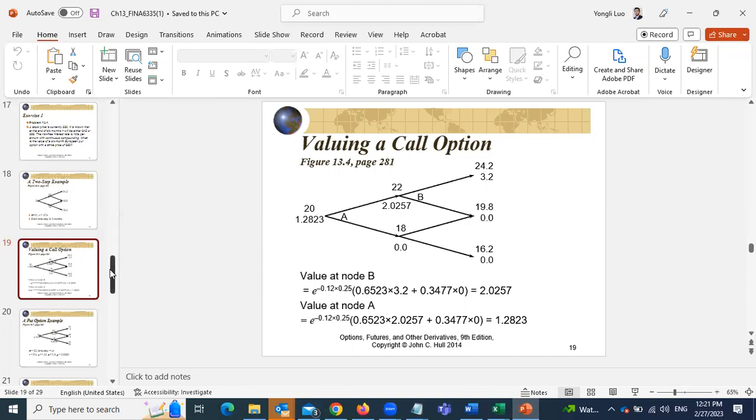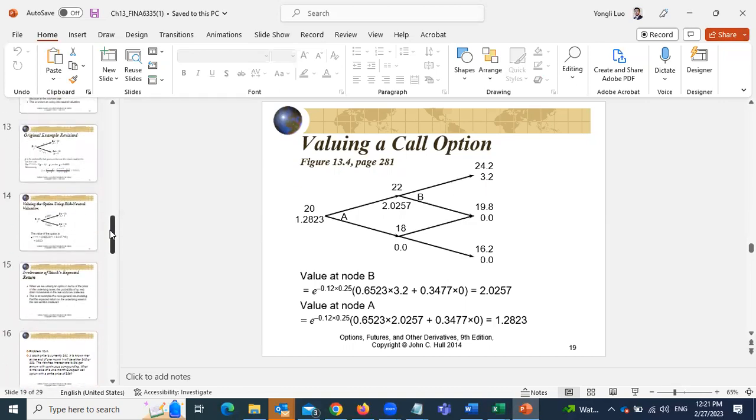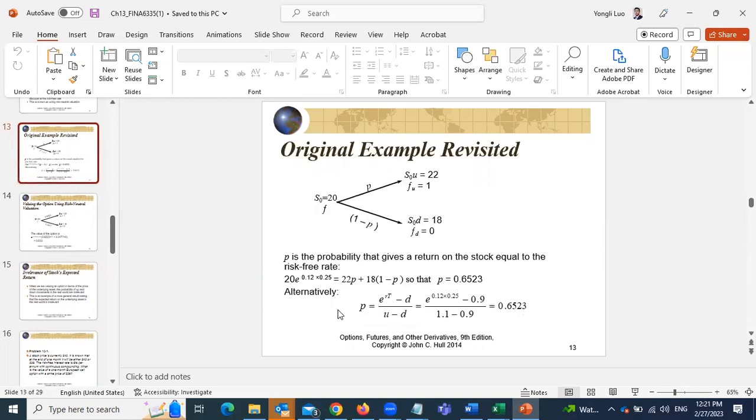Remember the risk neutral probability we calculated is this one: P equal to e^(rT) minus D, the down factor, divided by the up factor minus the down factor.